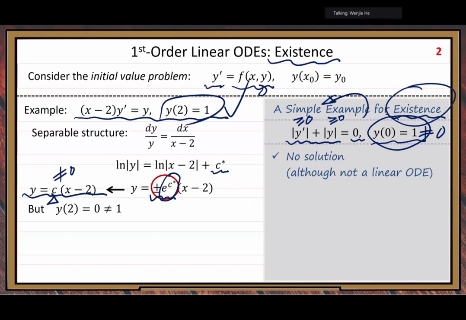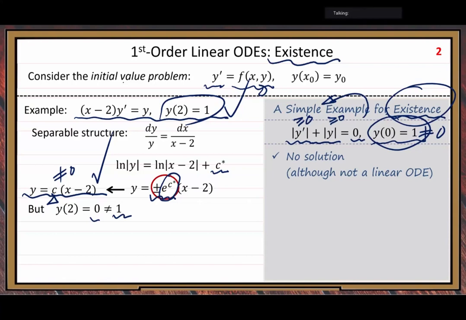When x equals 2, y is 0, but your initial value is 1. So that's a contradiction. If your solution is like this, then it cannot satisfy the initial condition. That means the given initial value problem does not have any solution.